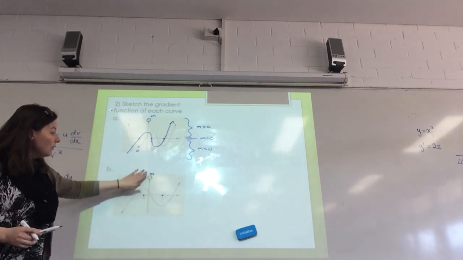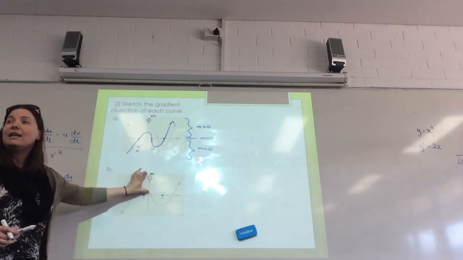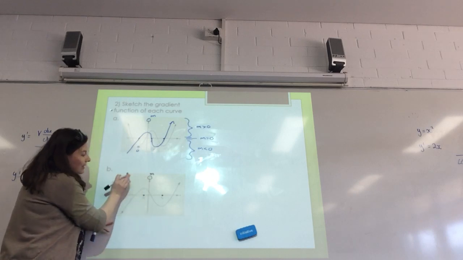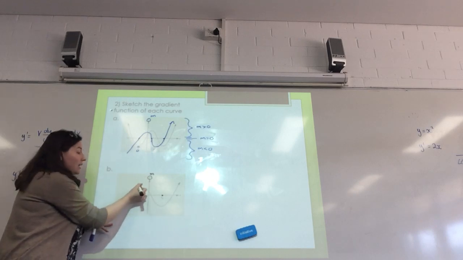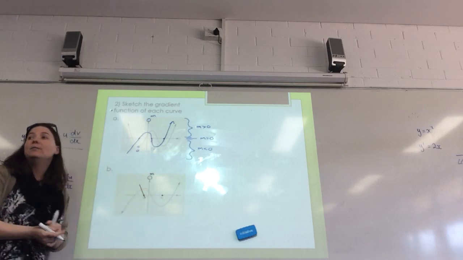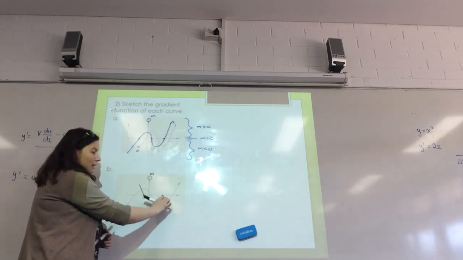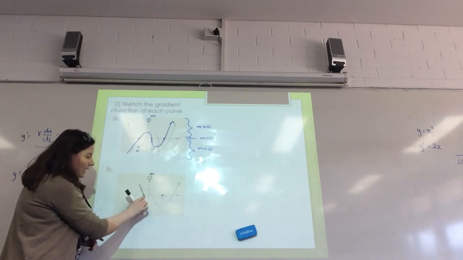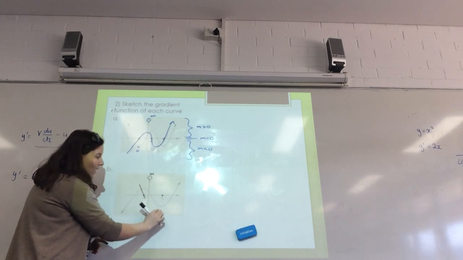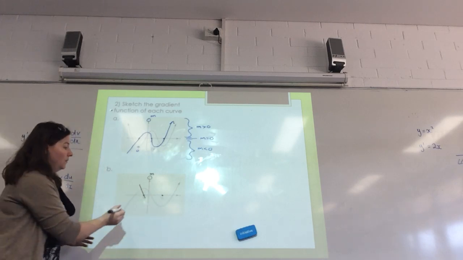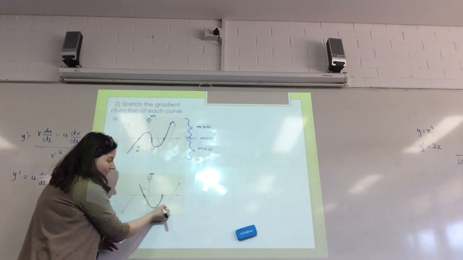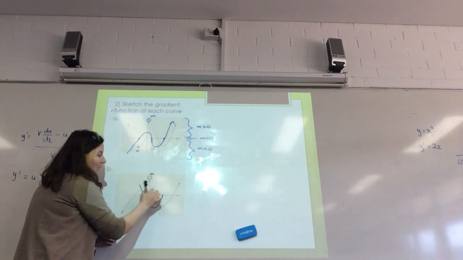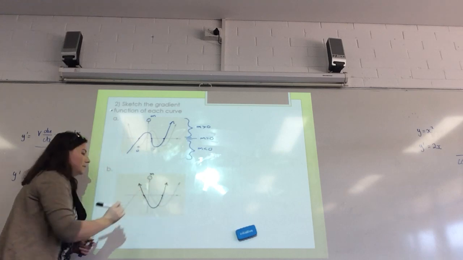So a positive gradient is up here. These are all the positive numbers, so it needs to start up here. If I need to start up here and go through this, then I'm going to be going like that. Then I know I'm going to have to bounce back and go up. But we can see this is a negative gradient. It's going downhill, and that makes sense because I'm in the negatives on the y-axis, which is my gradient axis. And then we see the gradient is positive, and I'm now in the positives for my gradient.